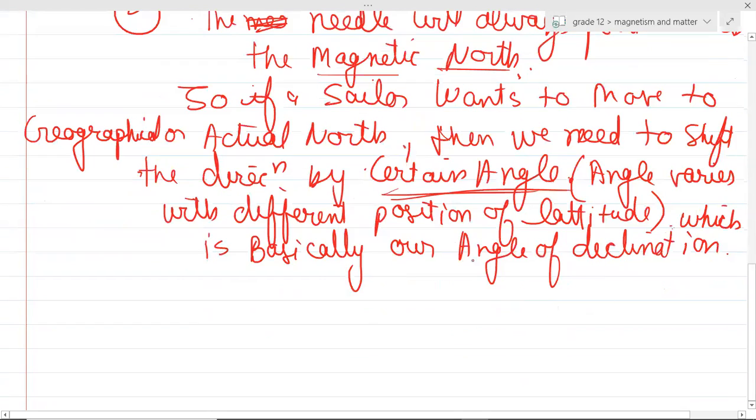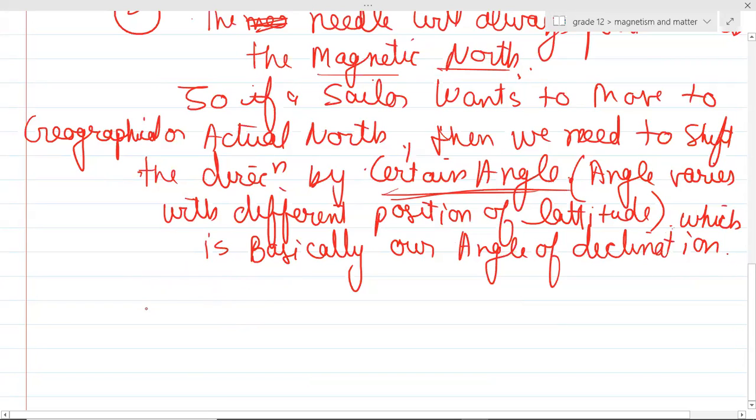Always remember that people have already done this analysis for you, and whenever you see a chart or a map of the world, you will see at different points they basically mention the different angles. They will mention the latitude, longitude as well. That is for geographical positions, and to find out the actual north, they will mention the angle of declination at different points. So all of this is there.